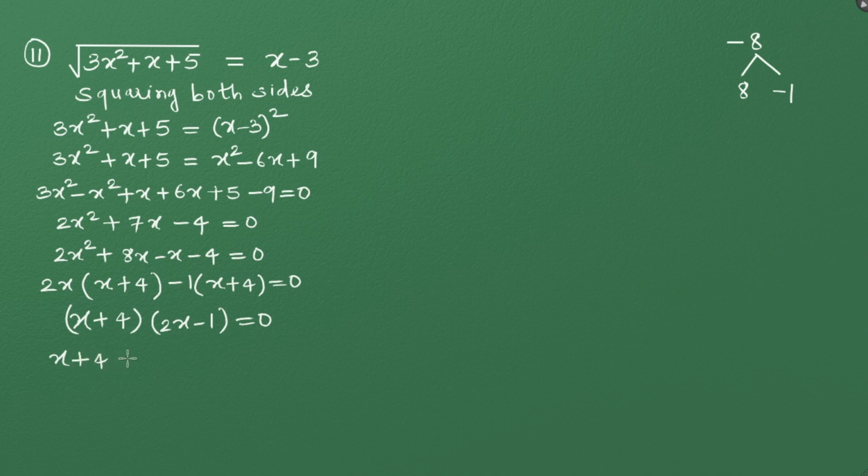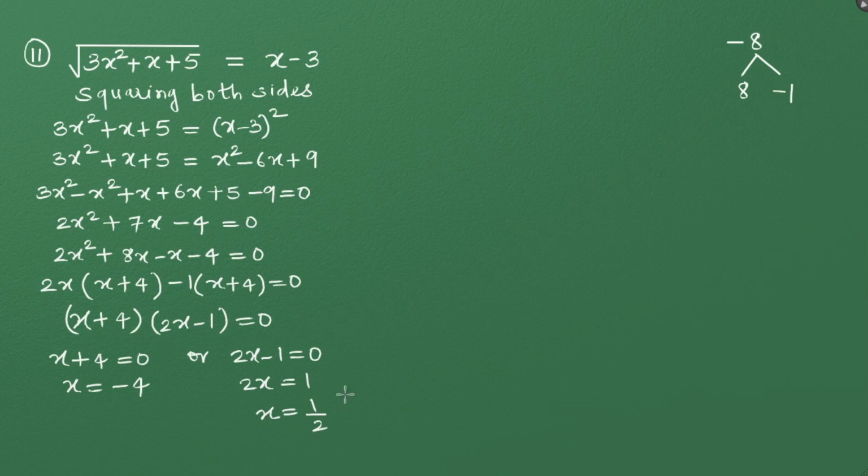Get the value of x. Now we have obtained two values of x, minus 4 and 1/2.